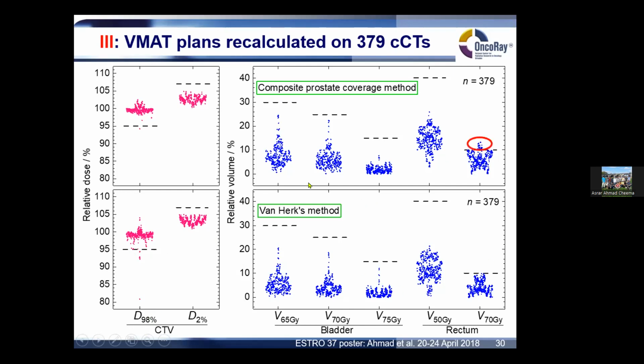The dose constraints were met in the composite prostate method for all patients, except in 37 CTs where the volume at 70 gray was exceeding the 10% constraint, but it was not going beyond 15%.